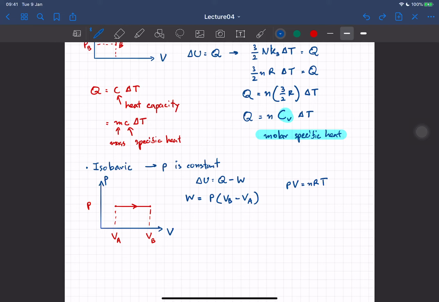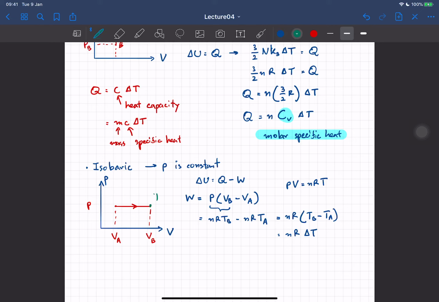So I can just substitute: PVB becomes nRTB, and then P and VA pair together give another term, nRTA. nR is the common factor, so I can write nR times (TB minus TA), which is essentially just the change in temperature.